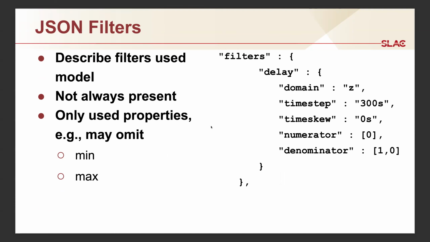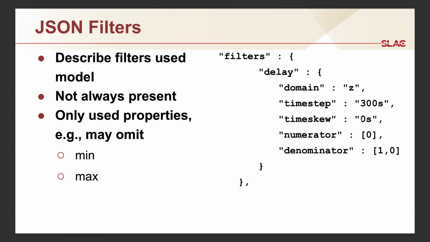The last key type that's not always in a model, but will be found in there if filters are used, is the filter keyword. Basically, they're listed by the name of the filter. So here's my delay filter from earlier. The domain is given. The time step is how often the filter updates.